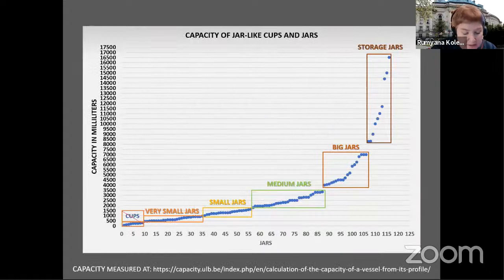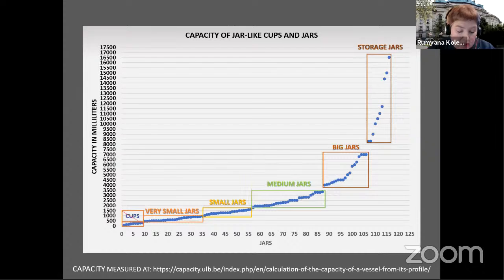Looking at the rest of the jars, the following can be distinguished. Jars over 450 milliliters to 1000 milliliters stand between cups and small pots. They can be used both as cups and as small pots for various food products that are not used in large quantities.